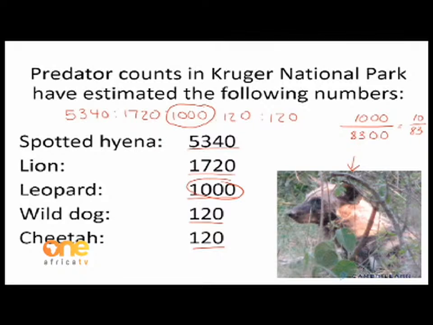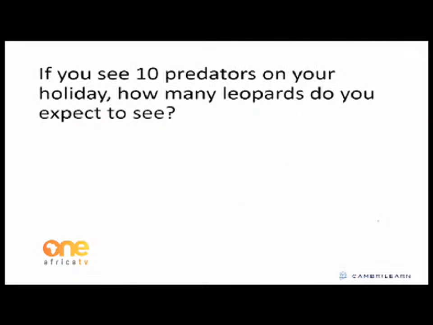So now we have the fraction of our total predators which are leopards. So we can look at our question. If you see 10 predators on your holiday, first of all, you're very lucky, but how many leopards do you expect to see?